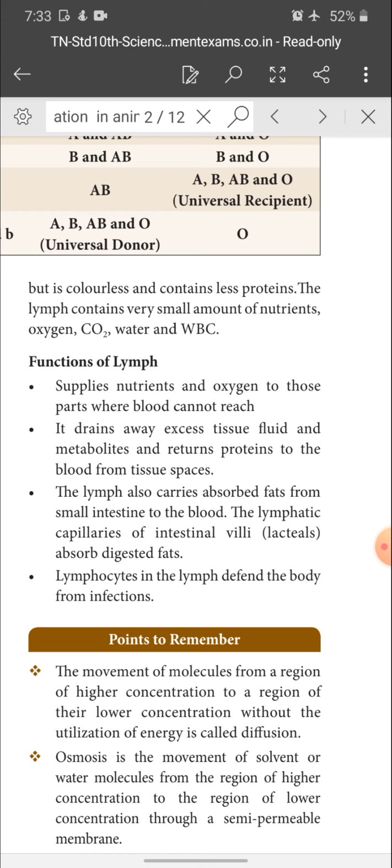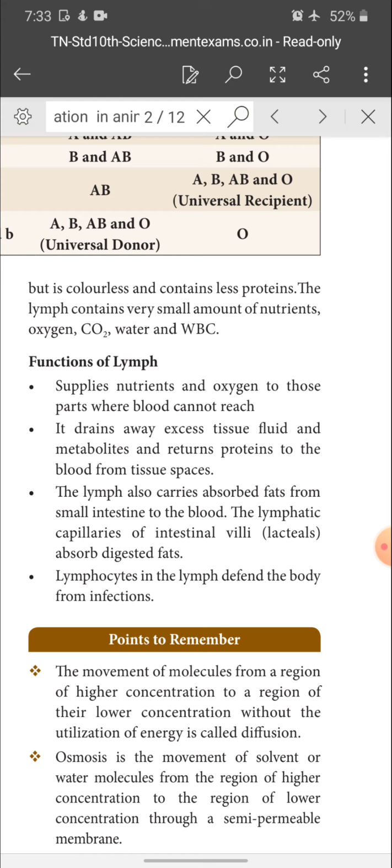As I said, from the capillaries the plasma, some blood cells and some proteins ooze out. These substances are collected by the lymph and again returned to the blood from the tissue spaces. The lymph also carries absorbed fats from the small intestine to the blood.